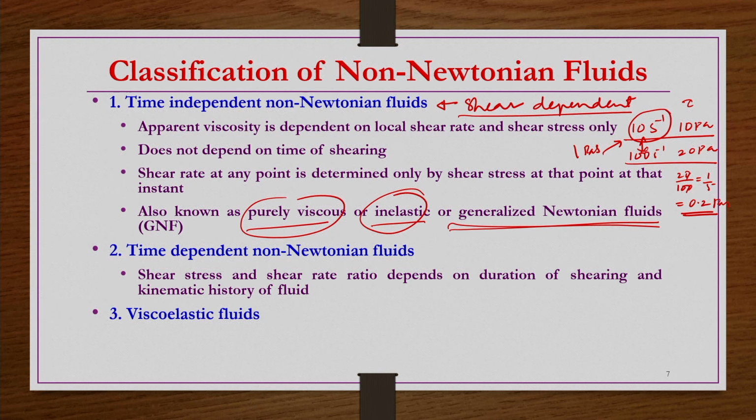Some materials become thicker in a little time, whereas some materials become very thin with respect to the time of shearing. So, that means apparent viscosity is changing.